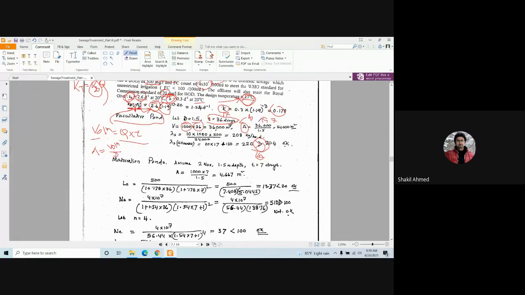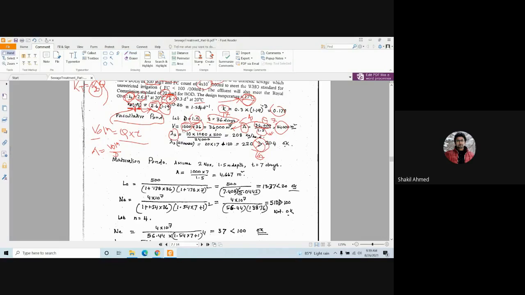So area equals volume, which is 36,000. We got it from here, divided by depth. What is the depth we assumed? 1.5 meters. So 1.5. 24,000 meters square. Now you need to check whether your lambda s is less than lambda s allowable.